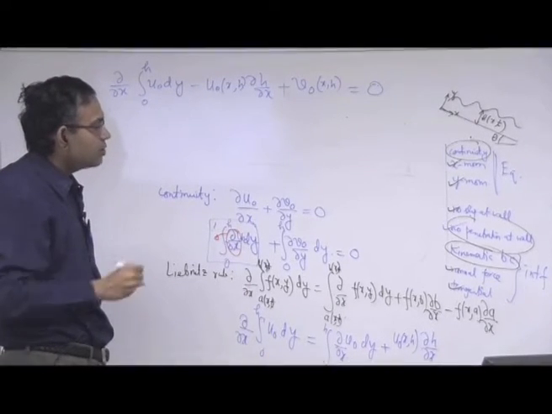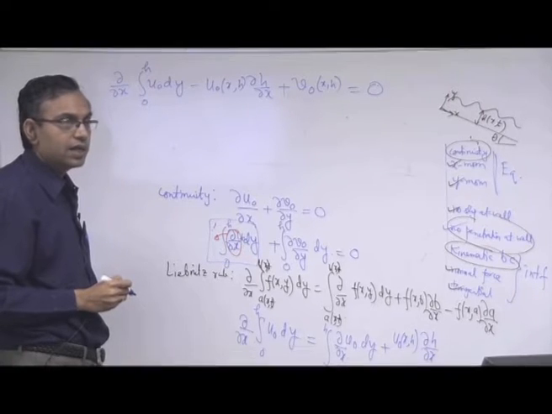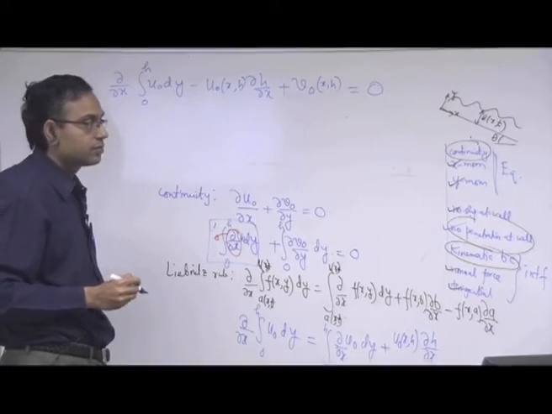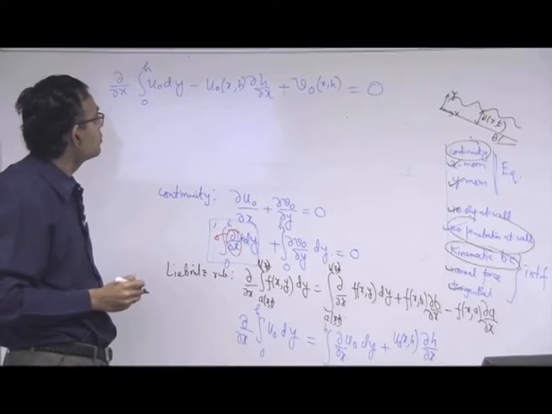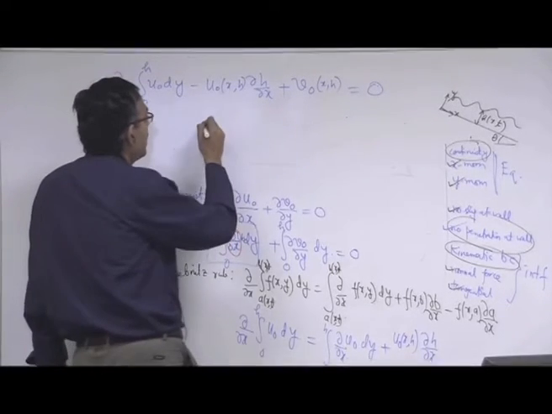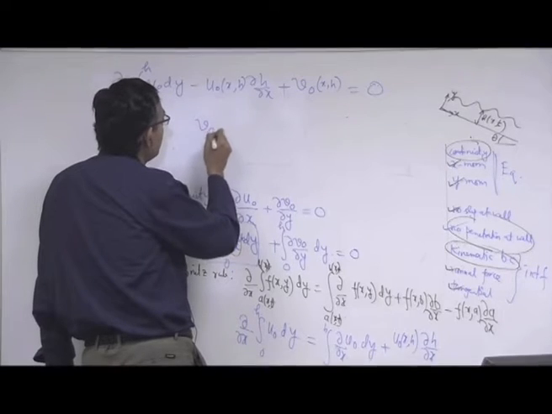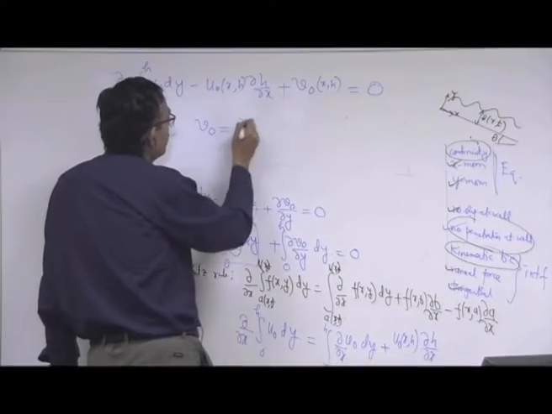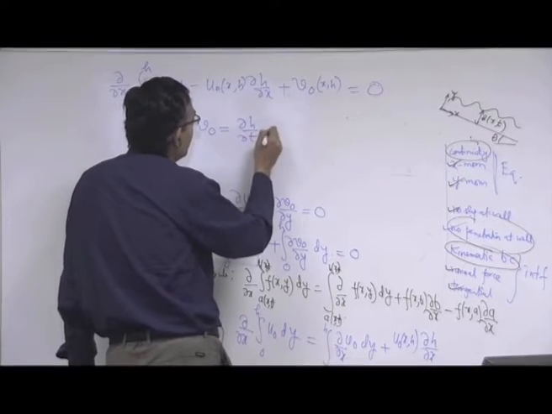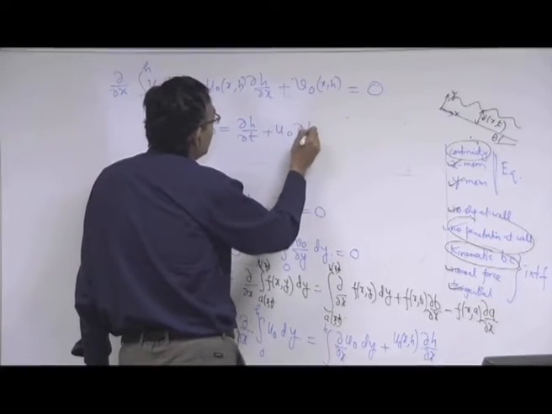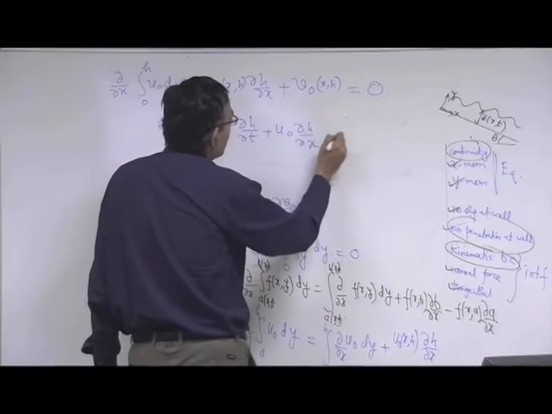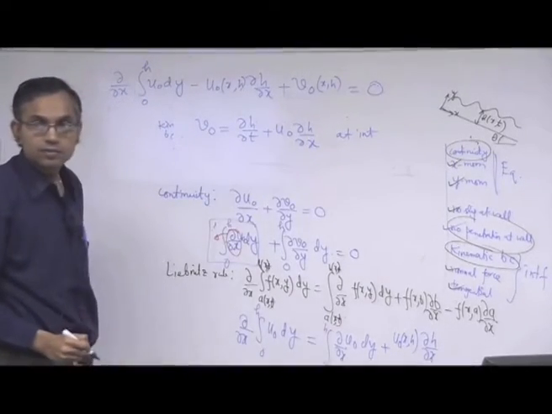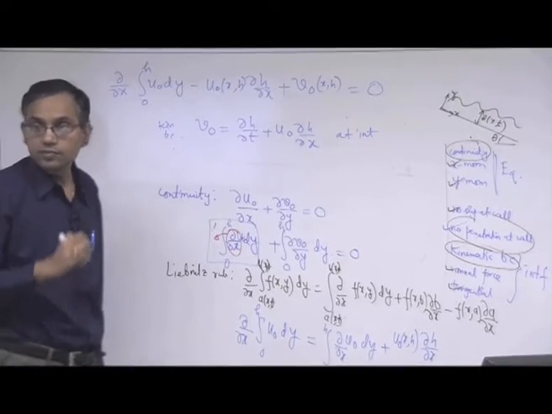Now we have not used the kinematic boundary condition. What is the kinematic boundary condition? The kinematic boundary condition is v0 equal to ∂h/∂t plus u0 ∂h/∂x at the interface, right.